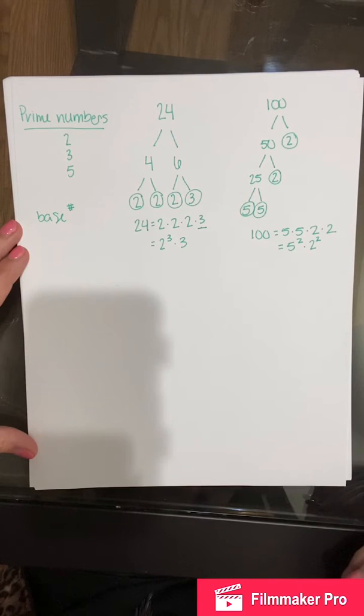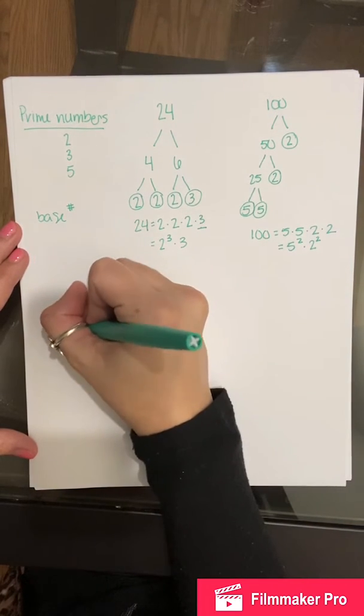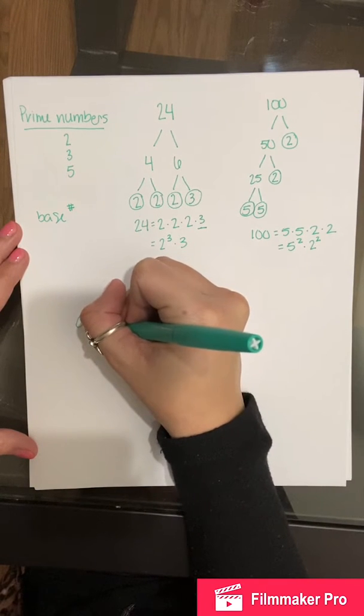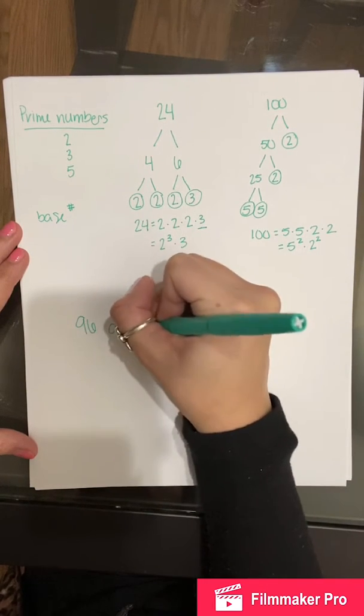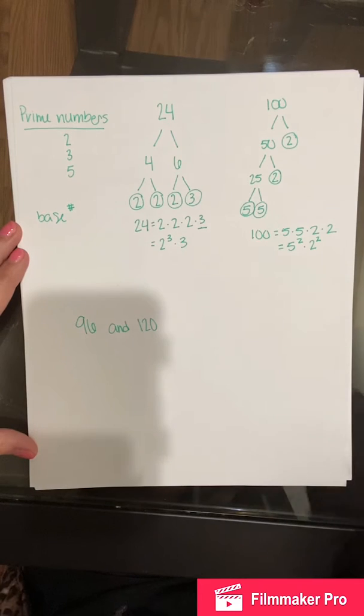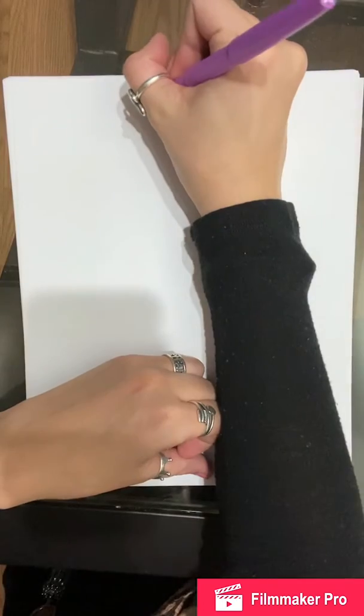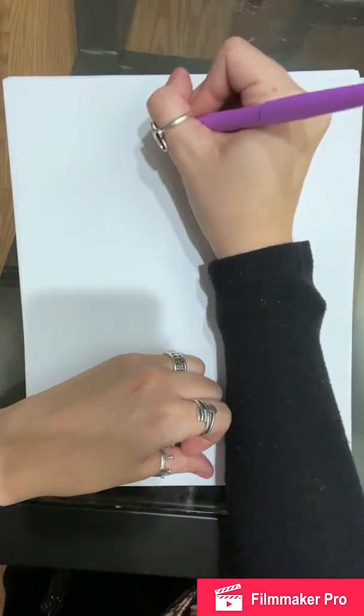Now I'm going to give you a few minutes to try these on your own. So I want you to do the numbers 96 and 120. Now I'm going to do our solutions in pink. That way we know that we have got the right answers and we can tell the difference. So let's start with 96.